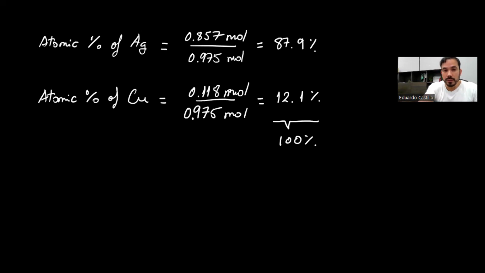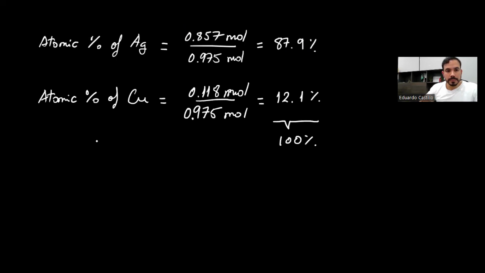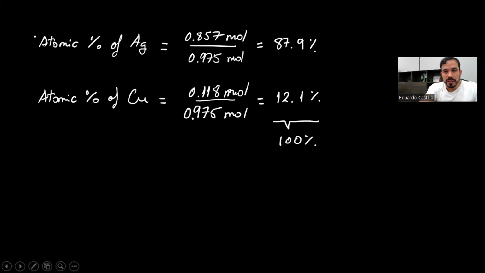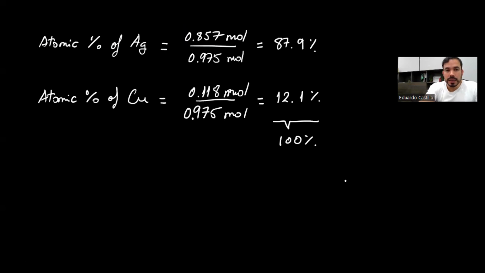Now let's go and solve B. So this would be A, now solving B. So for B, which is the number of copper and silver atoms in this spoon, we already know that we have 0.857 moles of silver and 0.118 moles of copper.